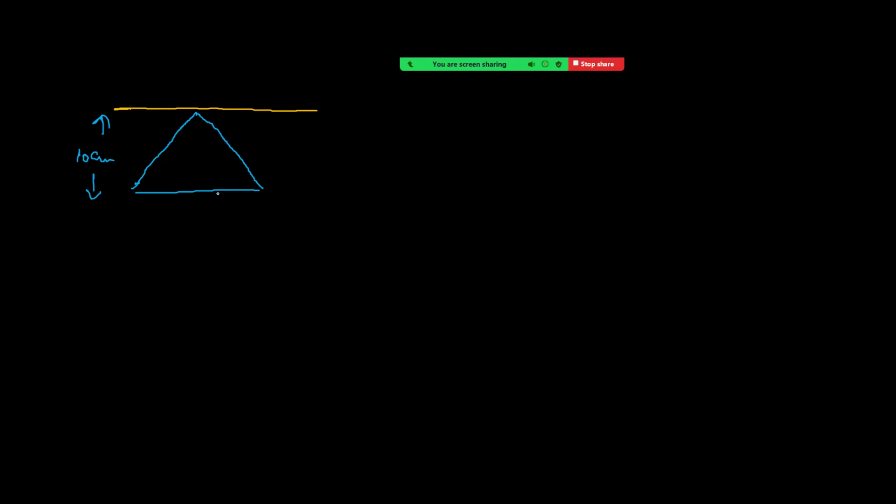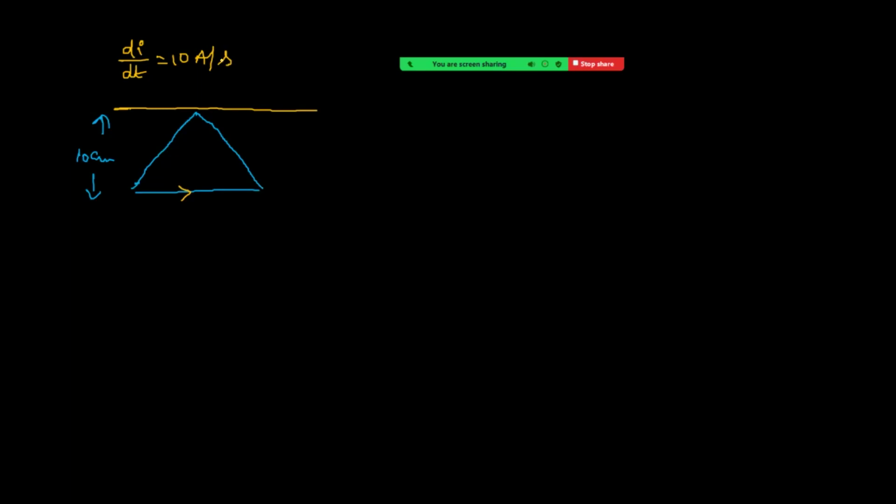So di by dt is given as 10 ampere per second.